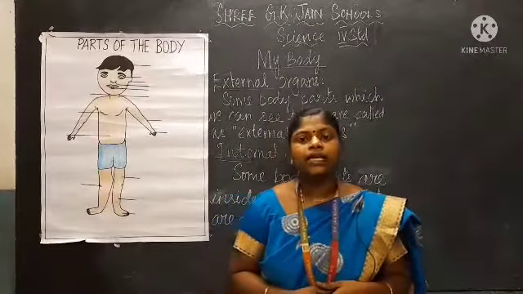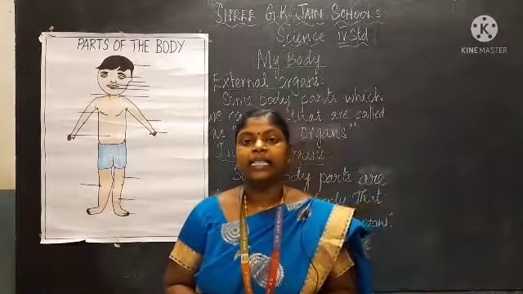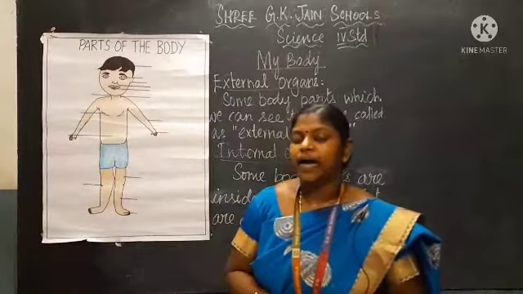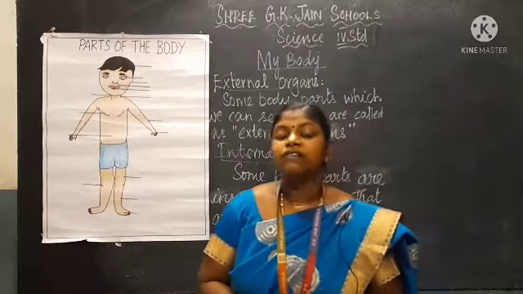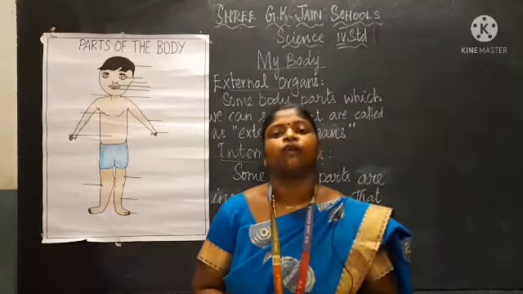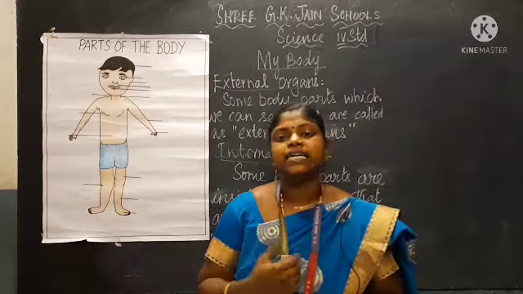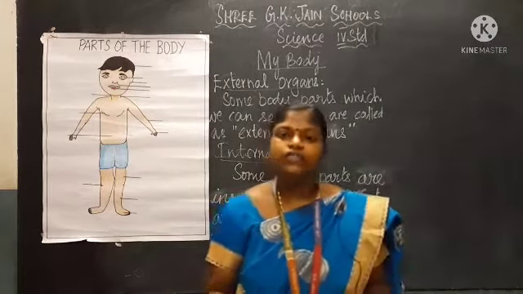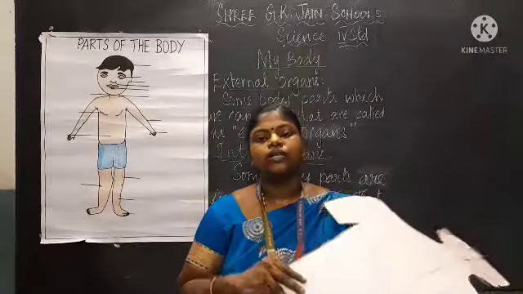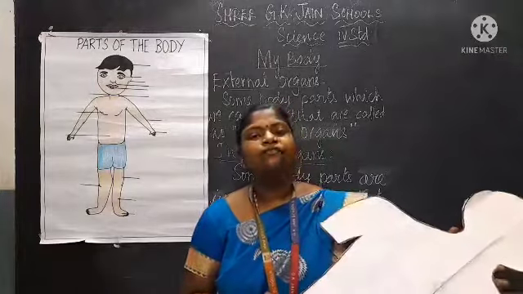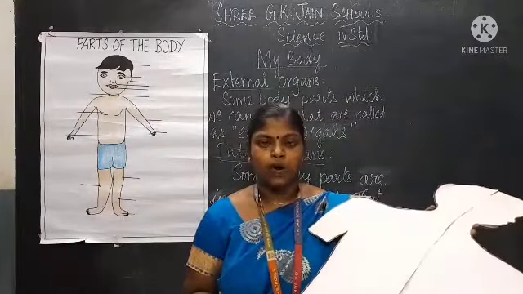These are all external parts of our body. That means we can see them outside. They are visible outside. But some parts which are present inside of our body are called internal organs. In this 4th standard, we are going to learn all the internal organs as well as the main functions of the internal organs.